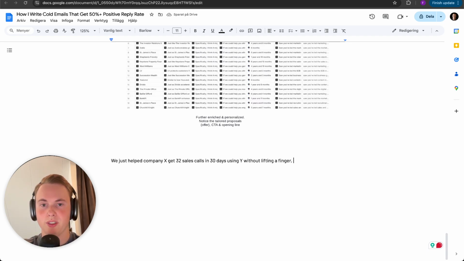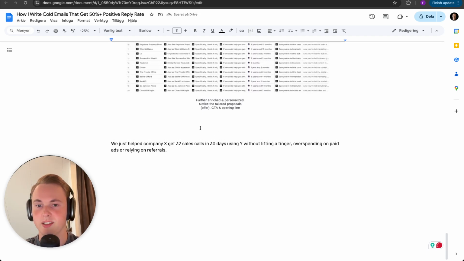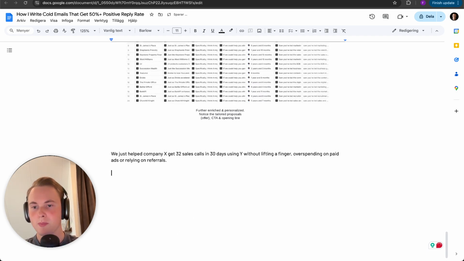Another pain point is probably overspending on paid ads, or relying on referrals, because that's something I see a ton of different marketing agencies do. They rely a ton on referrals. They also do some paid ads, but they want to get even more leads.